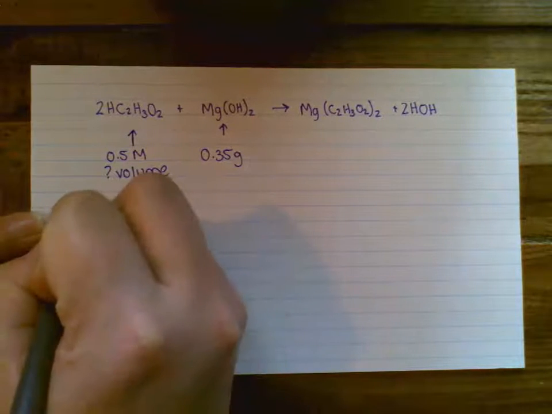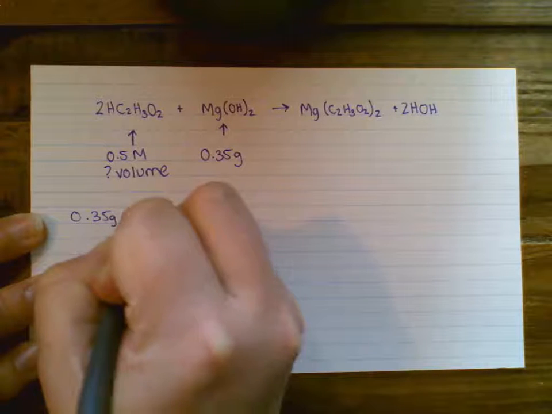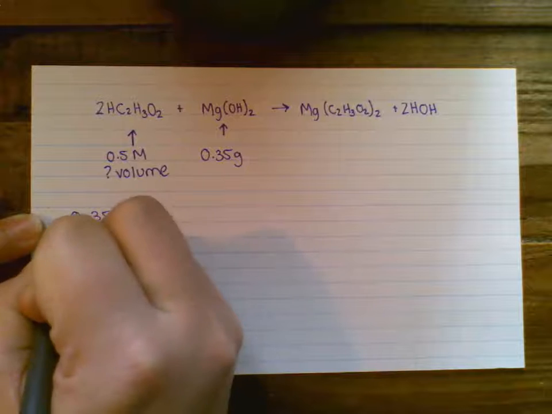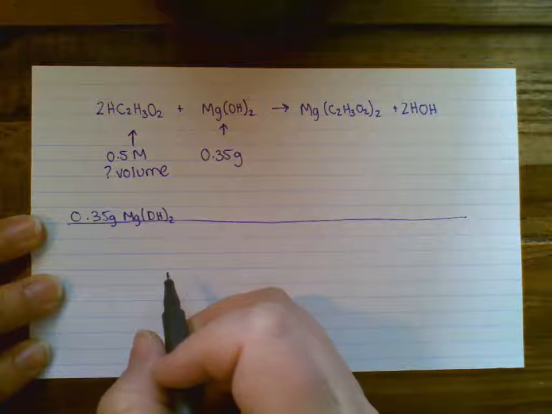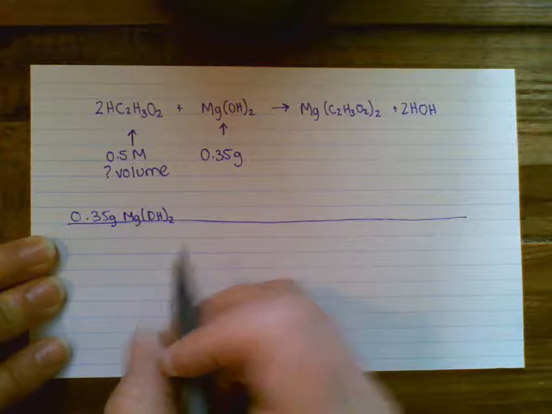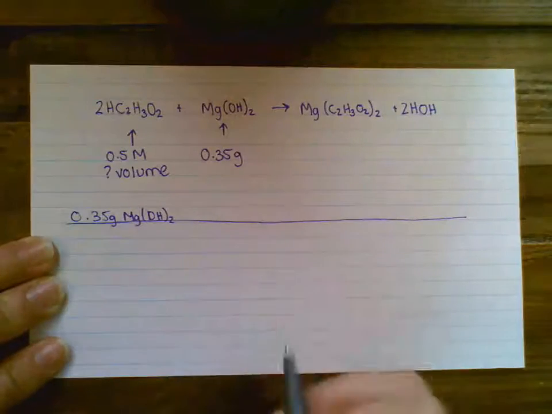I'm going to take 0.35 grams of magnesium hydroxide. From there, I'm going to convert my grams to moles because I want to use my mole ratio to figure out how much of this I need to react with this.